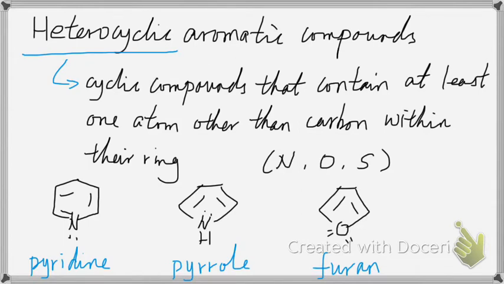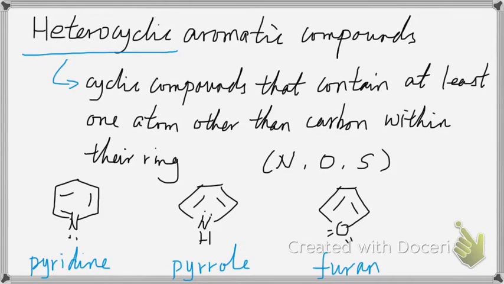We know they are monocyclic. We know they are flat, and they may be fully conjugated. We will see. And do we have 6 pi electrons? Let's take a look.